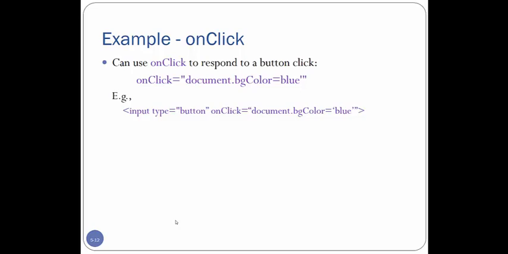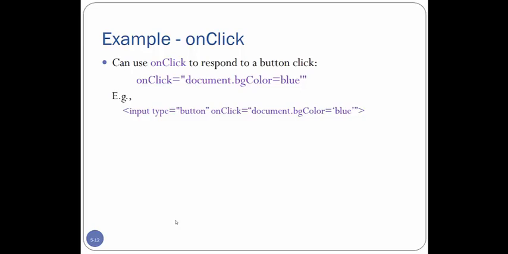So here's an example of how to respond to a click event. There are many event handlers that we can use. We saw onLoad. There's also one called onClick. OnClick is most often used with buttons.